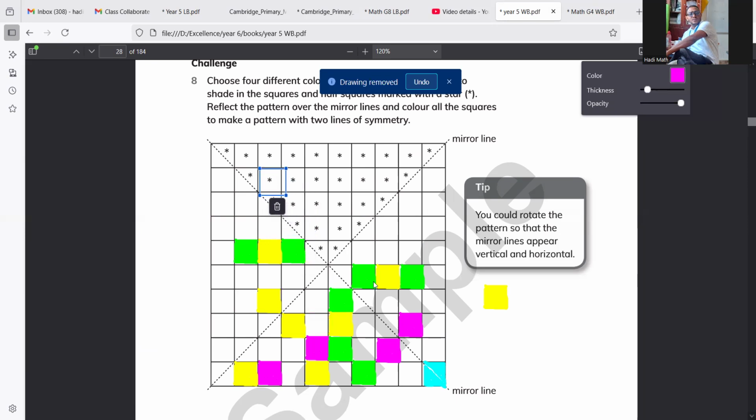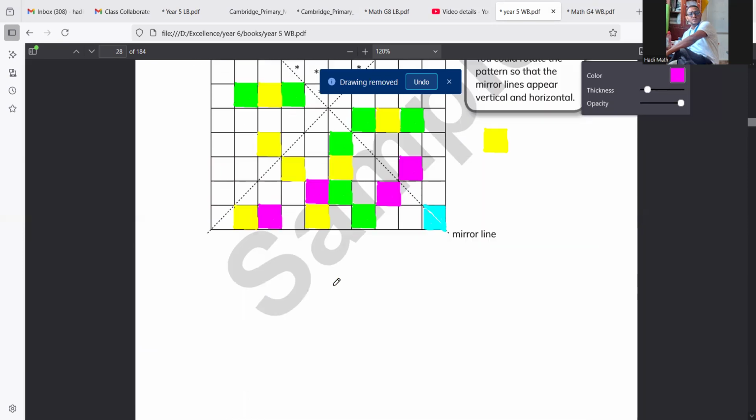So you should color them and they should fold over each other exactly. This is the idea of this question.